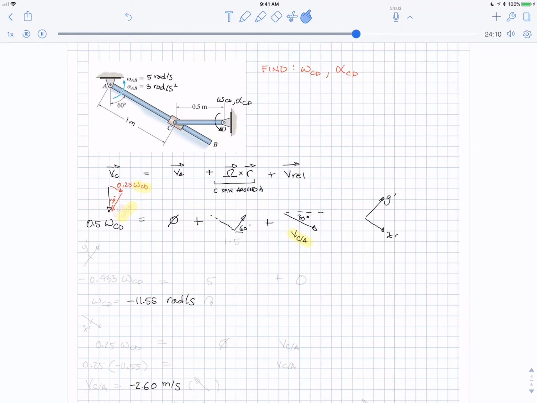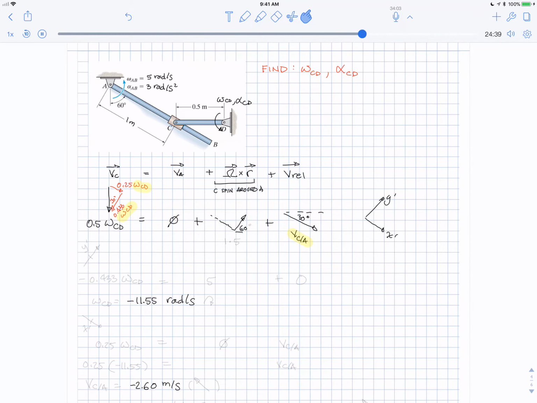Okay, so that comes out to be 0.433 omega CD. So I just took sine of 30 degrees times 0.5 omega and cosine of 30 degrees times 0.5 omega. Okay, so now we're ready to take the components. So let's solve this.